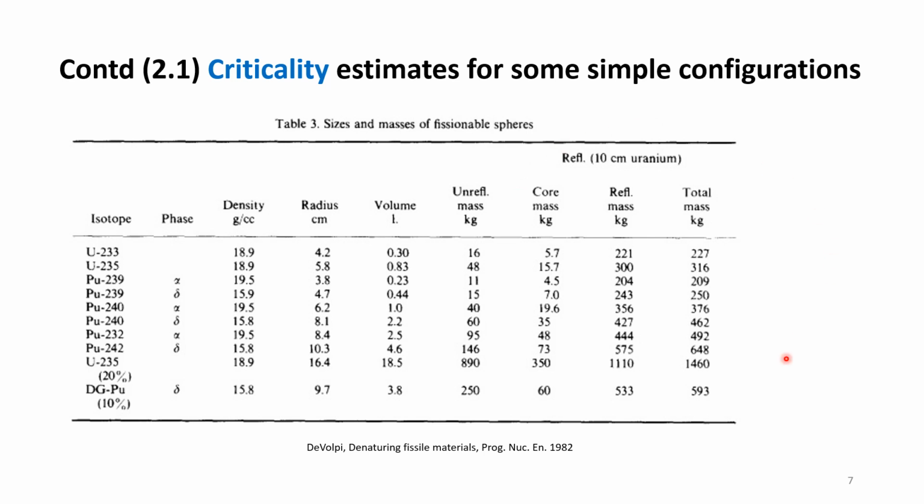And as you put on a reflector, you can reduce. But these are very simple configurations. In a nuclear reactor, of course, it's much bigger. You've got nuclear fuel, and so the criticality calculations are necessarily much more elaborate and much more time consuming.